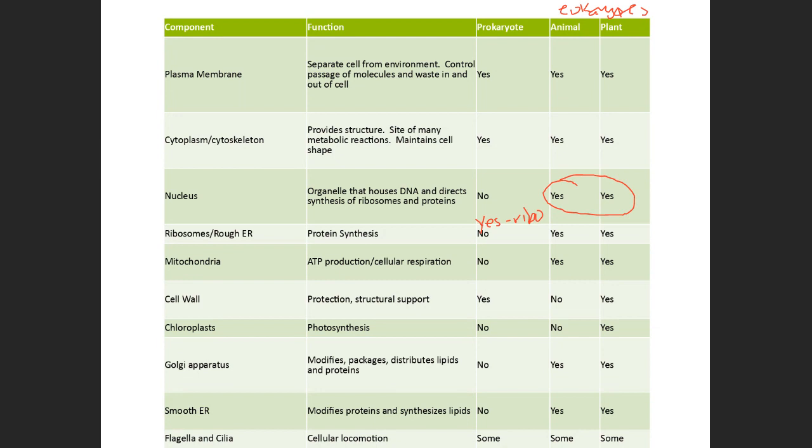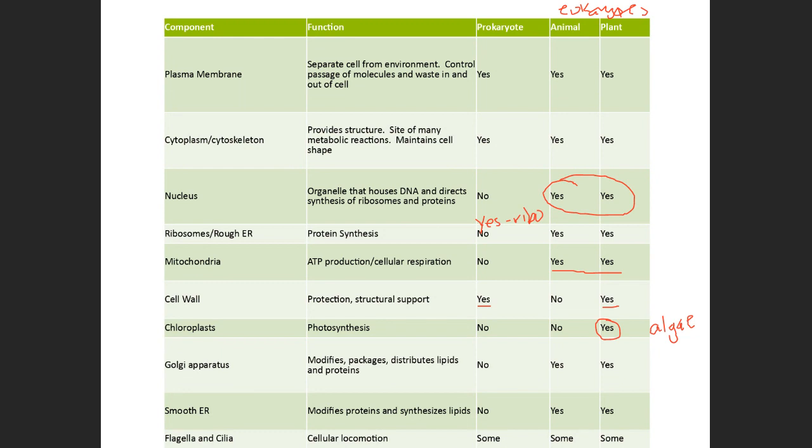Mitochondria, only the eukaryotes. A cell wall, that some prokaryotes have them, some eukaryotes do, some don't. So that's not evenly distributed. Chloroplasts, only plants, and then also algae, which are another type of eukaryote, okay? But they're just not on this chart.